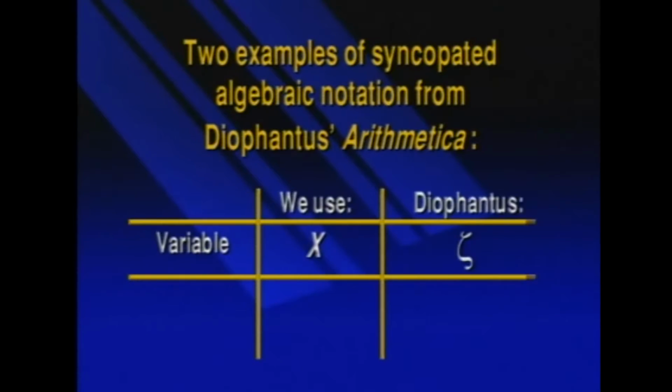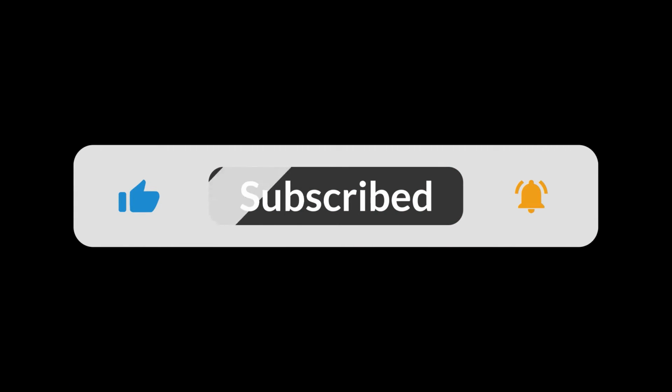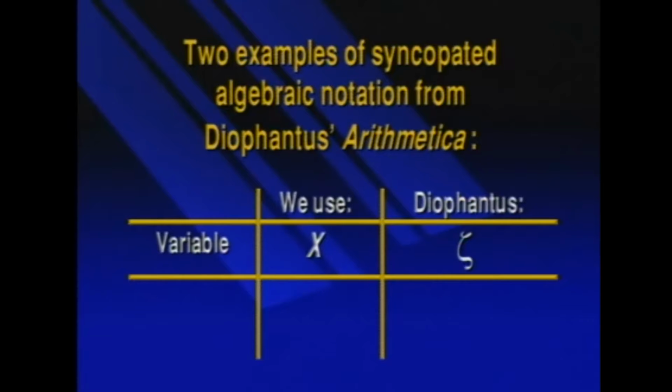One, he used for our present day x, which is the most common variable we see. He used the little letter you see there, which is an S, and that comes from the word arithmos, which is number in Greek, and he selected the last letter of the word.